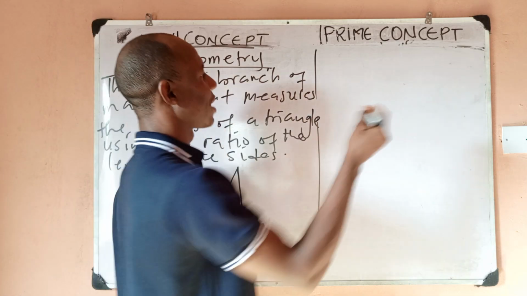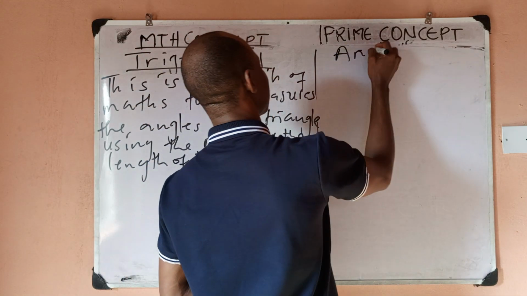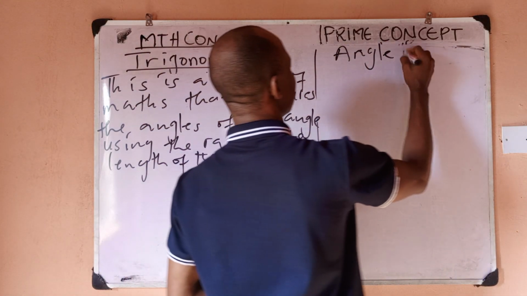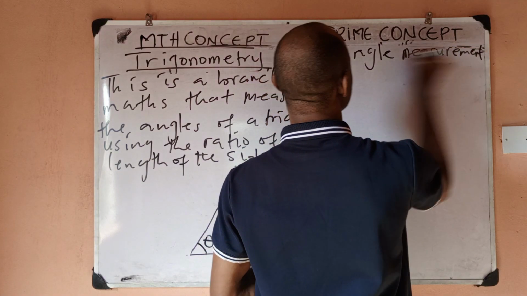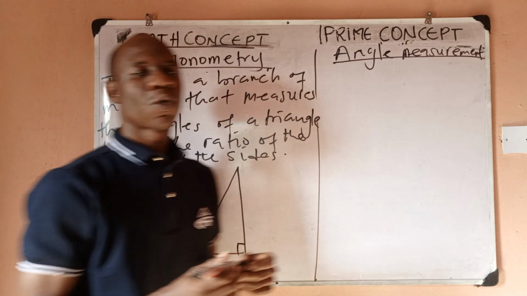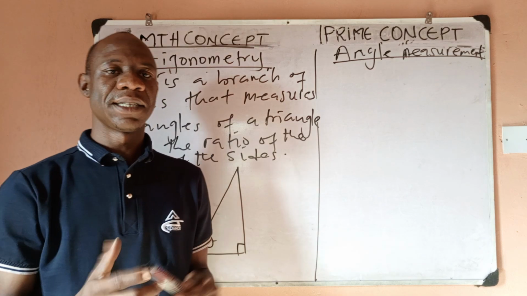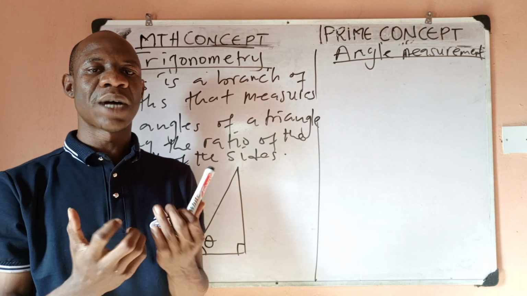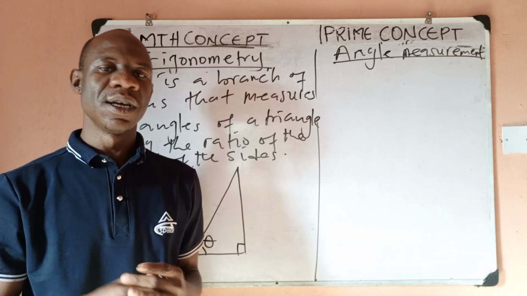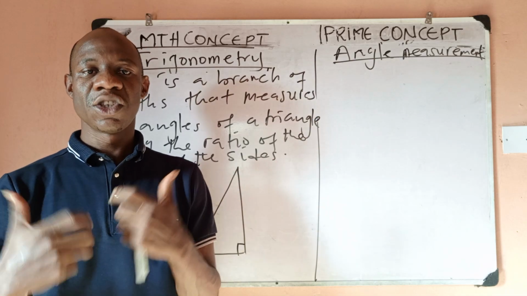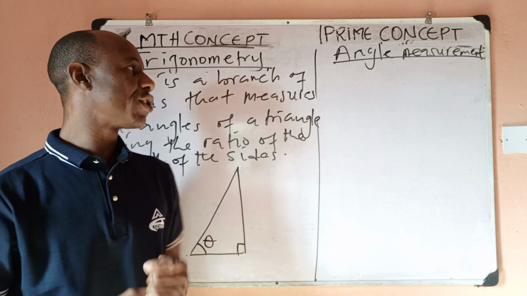Yes, so let's quickly look at a subheading: angle measurement. So when we say measurement, quantities in science are measured using what we know as units of measurement. So when we say angle measurement, we want to consider the different units we can use to measure angle.